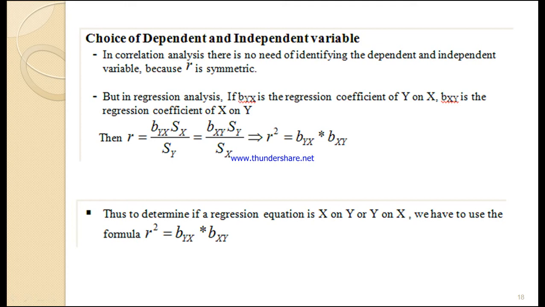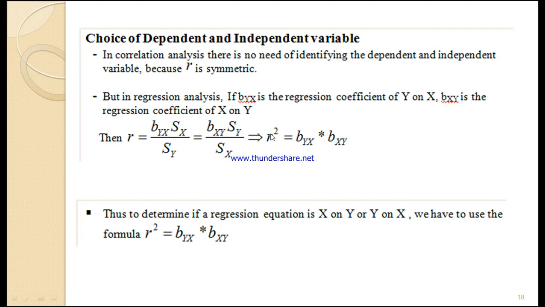If b sub yx is the regression coefficient of y on x, and b sub xy is the regression coefficient of x on y, then R can be computed by b sub yx times s sub x all over s sub y, which is equal to b sub xy times s sub y divided by s sub x.